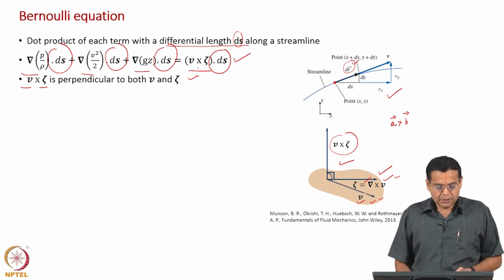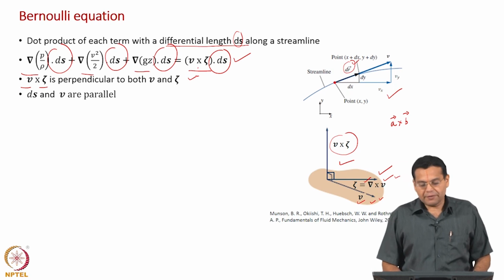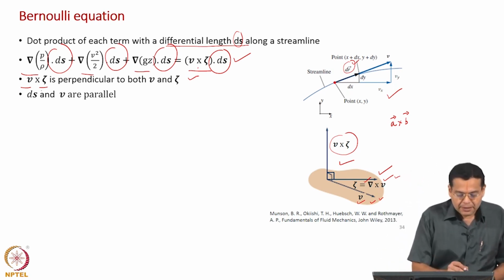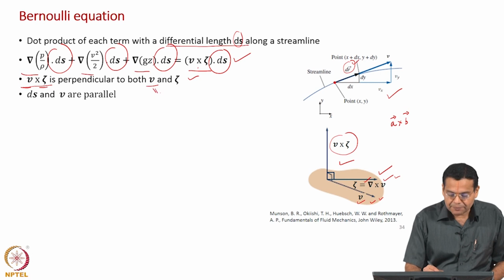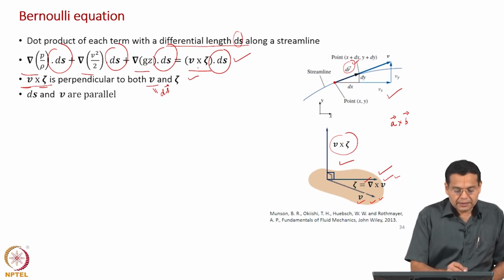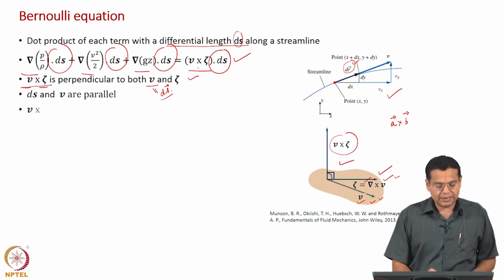So, now we have seen the ds vector and v vector are parallel, we have just discussed that. So, what does it mean? This v cross vorticity is perpendicular to v vector, but this v vector is parallel to the ds vector, which means that this v cross vorticity is perpendicular to ds vector, and that is what we write here.